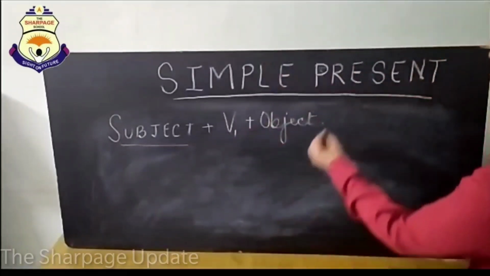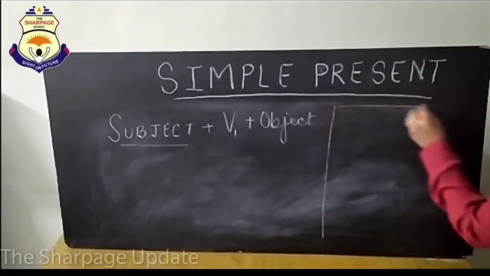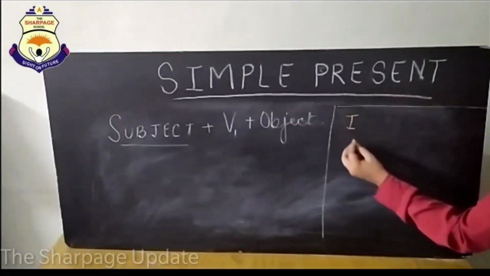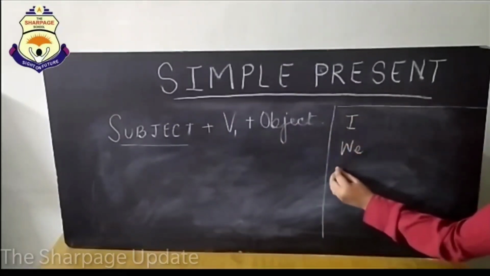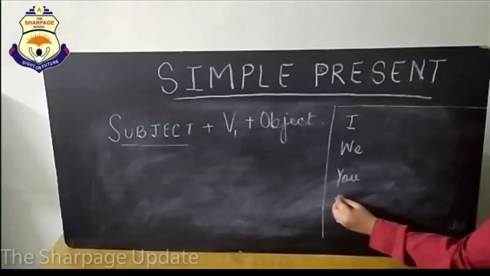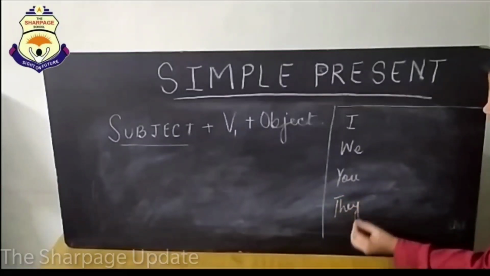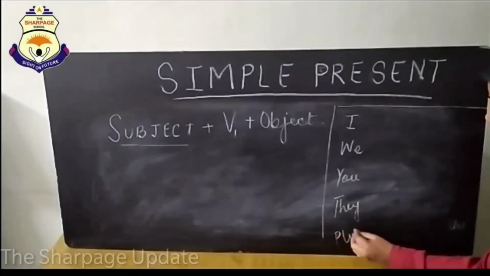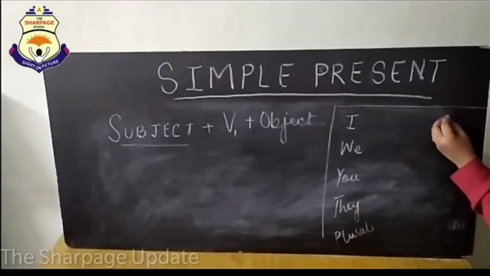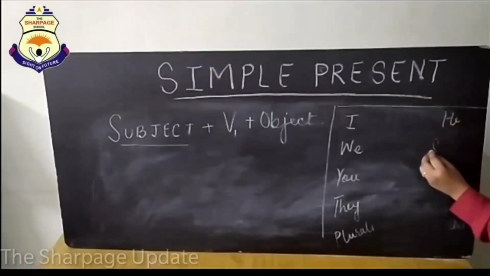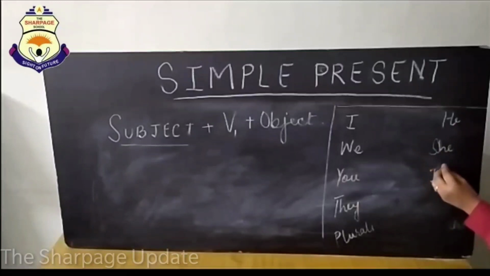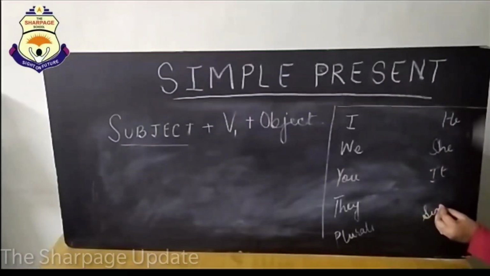So subjects I am going to write here: I, we, you, they, or any plural names, and he, she, it, or any singular names.